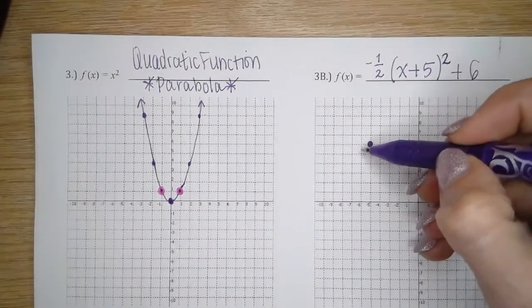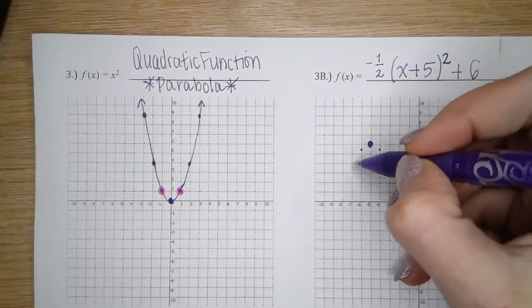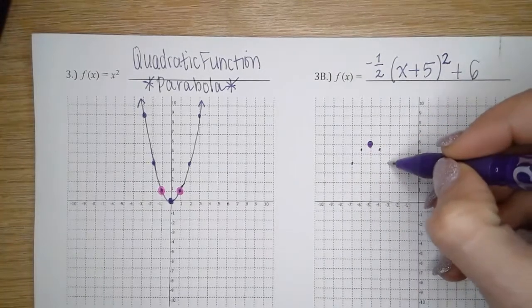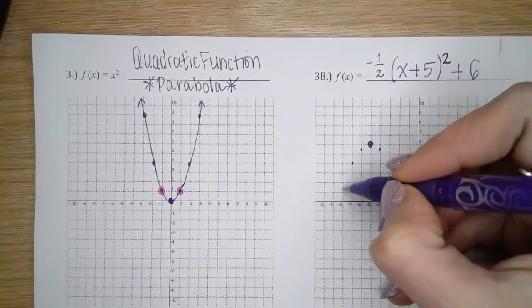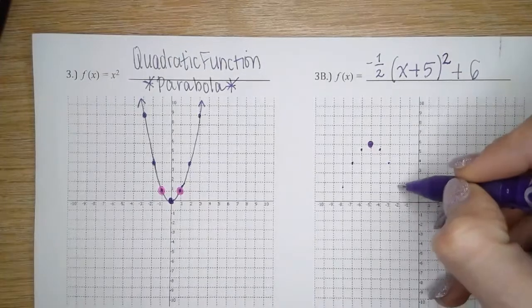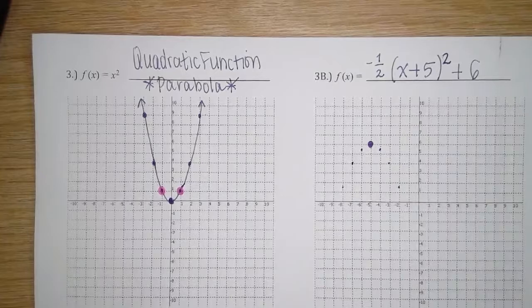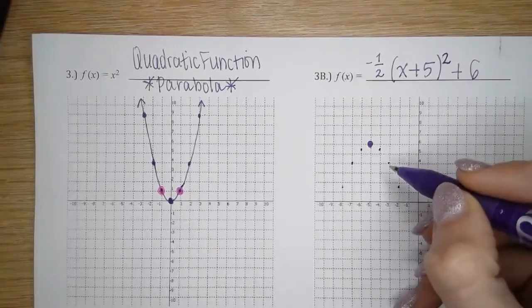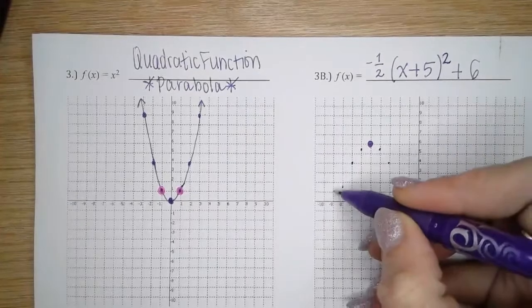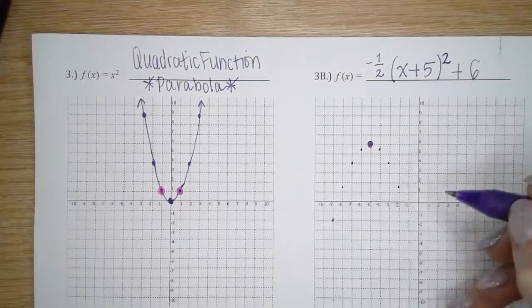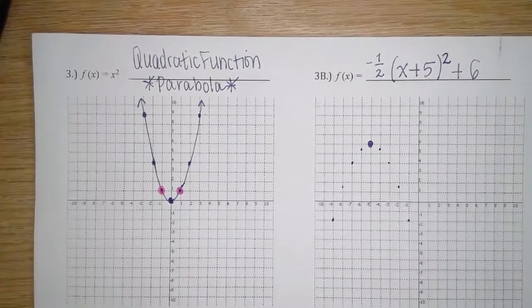Out 1, down 1/2. 1/2 of 1 is 1/2. Out 1, down 1 1/2. Out 1, down 2 1/2, which is 1/2 of 5. Out 1, I'm going to go 1/2 of 7, which is 3 1/2.